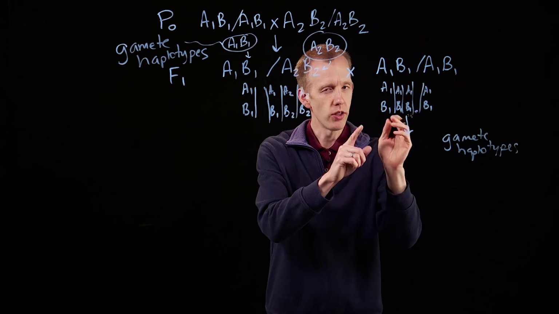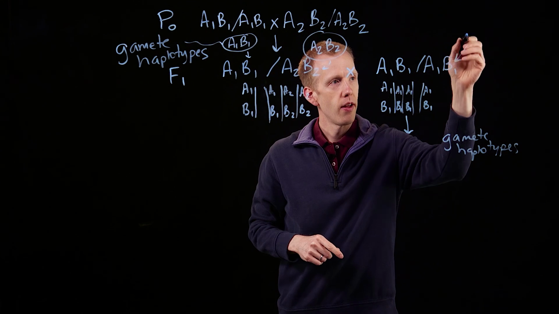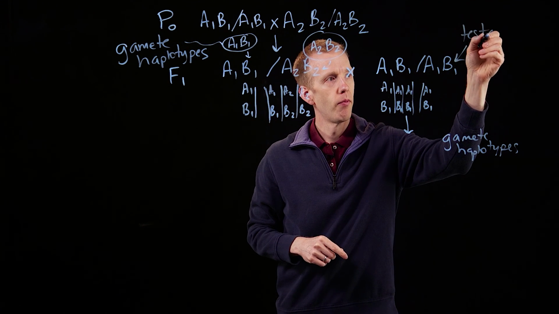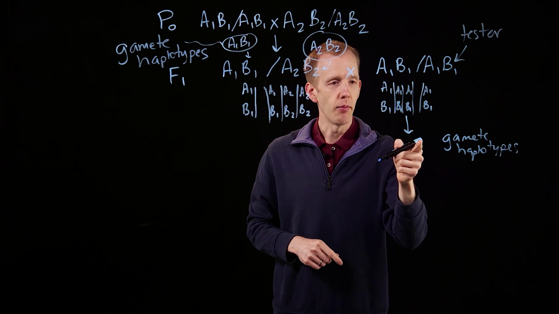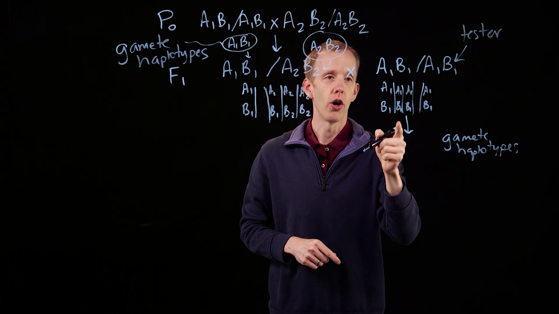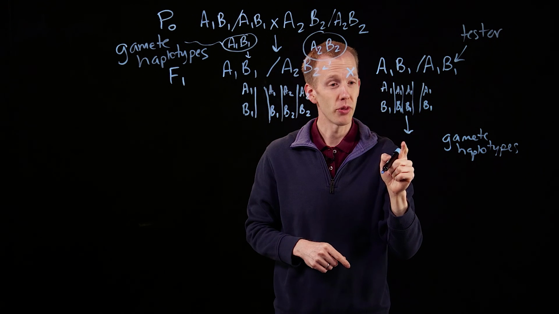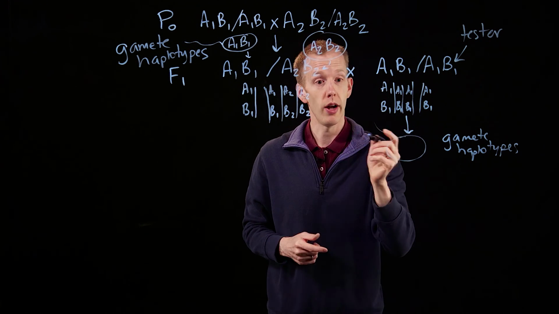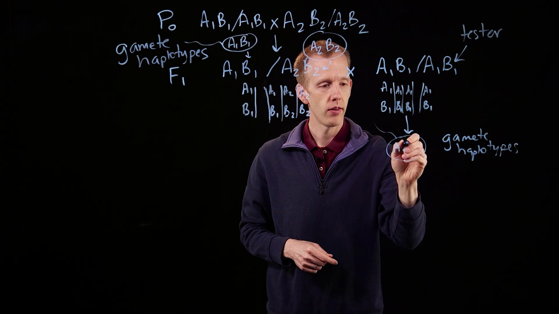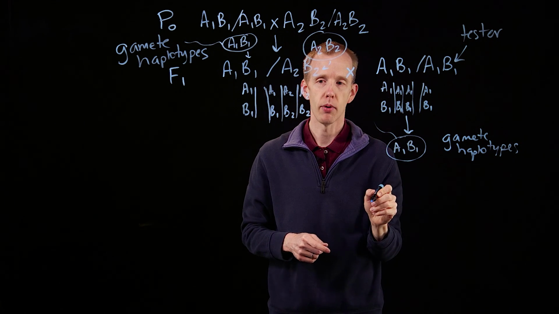So 100%, and this is why we use this tester, is because we know for sure the gametes of this individual. Because this individual is homozygous at both loci, we guarantee 100% of their gametes, sperm or eggs, are going to be the A1B1 type.